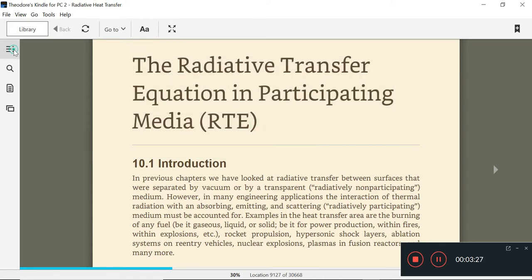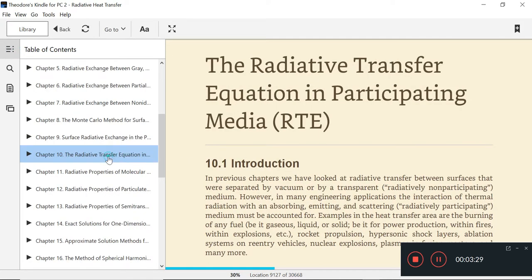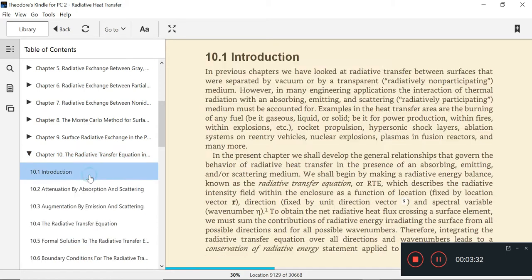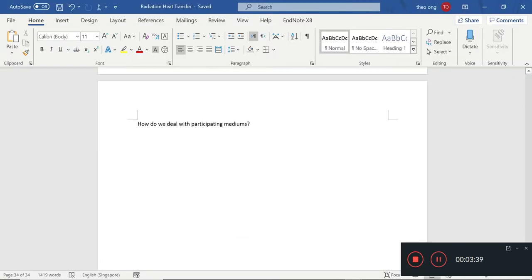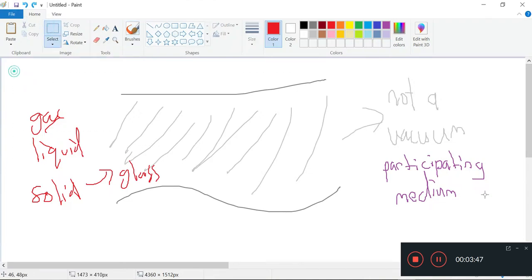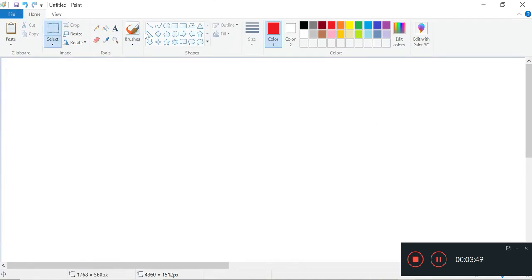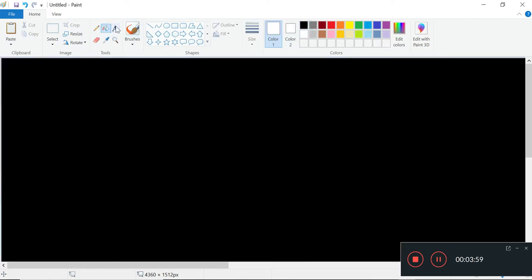This is based on chapter 10 of Michael F. Modest. I'm going to start trying to go through step by step what goes on in this participating medium. So let's clear the paint here, and maybe I'd like to do a black surface.